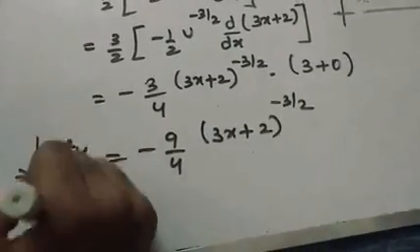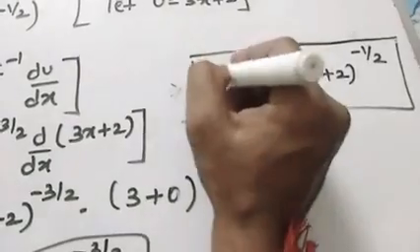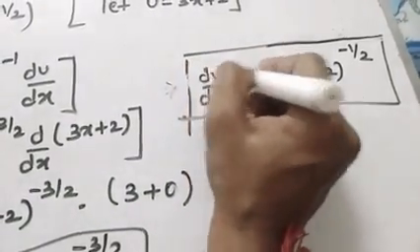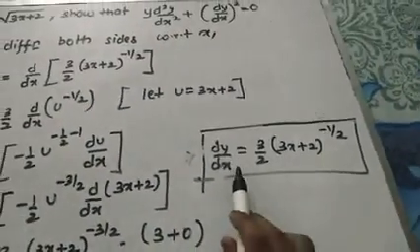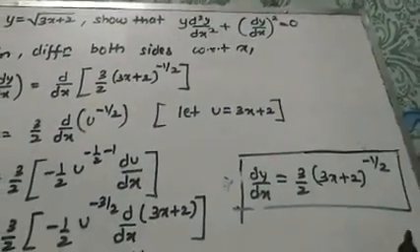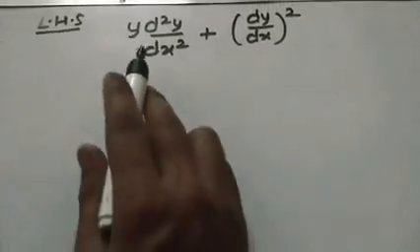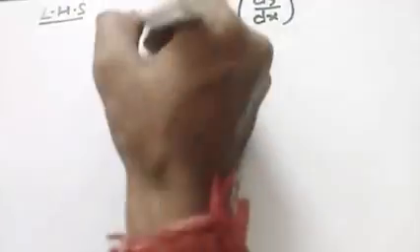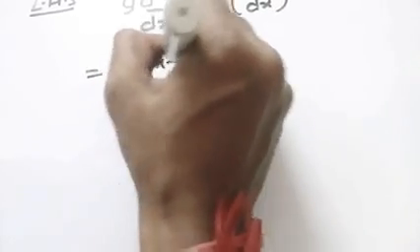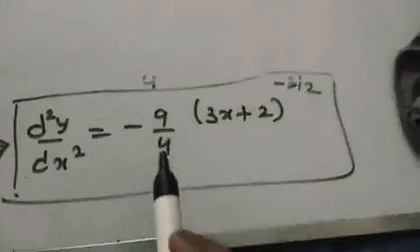So we got our d2y by dx2, and earlier we got our dy by dx. This was our dy by dx. So now we will put this value and this value in the left hand side of the proof part. This is the left hand side. So first of all, y. What is the value of y according to the question? The y value is given as root over 3x plus 2. Then d2y by dx2. What is d2y by dx2?